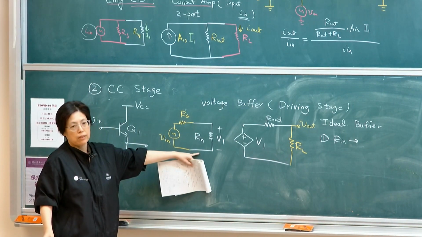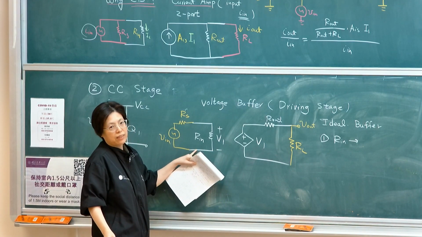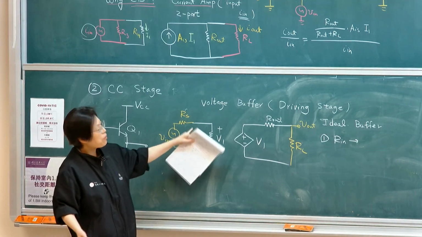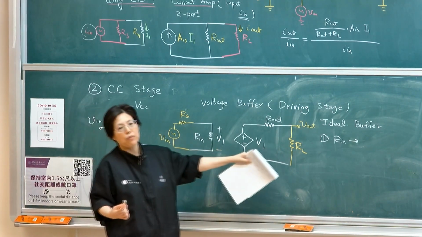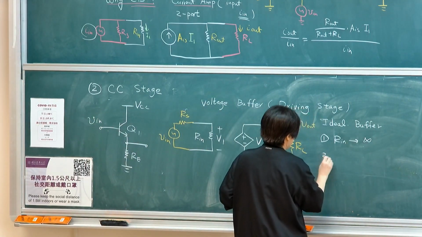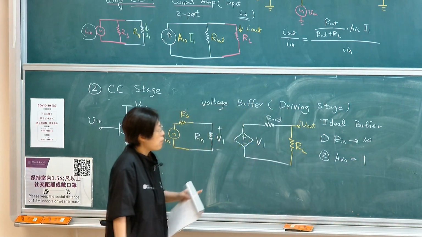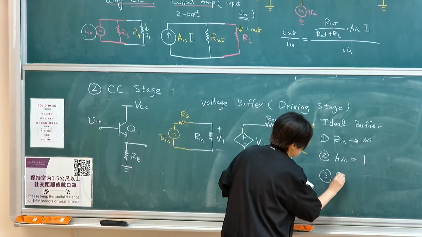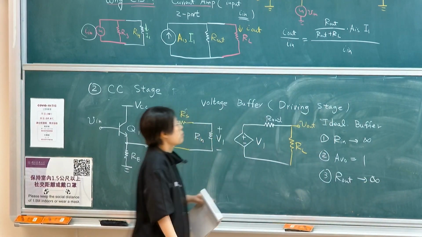High or low? Just pick. What do I want for a voltage buffer? The same as a voltage amplifier, just a gain of 1. So I want high. I want infinite. And I have a voltage gain close to 1 because it follows. And then I want an output resistance close to 0.